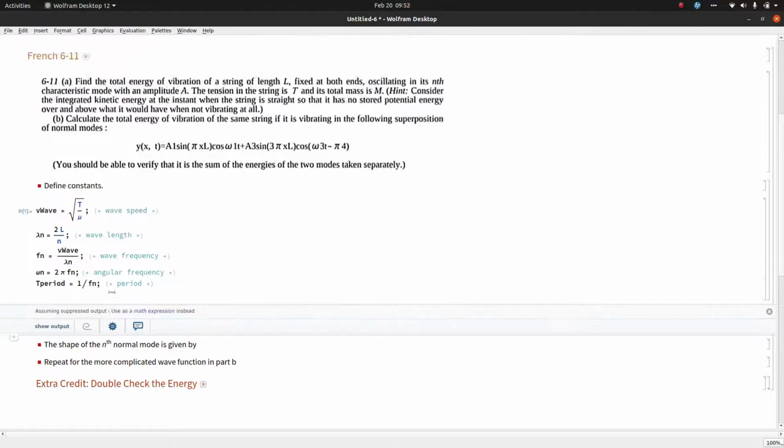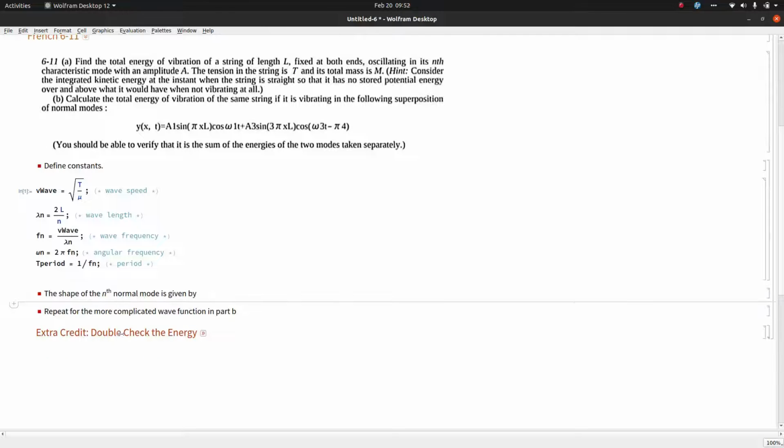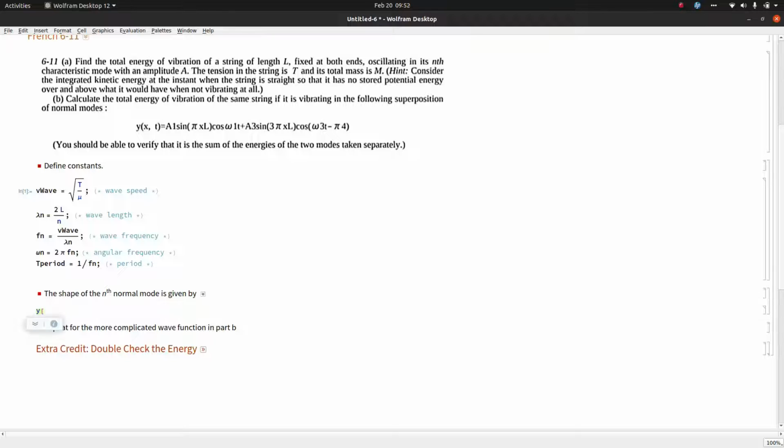The next thing I want to do in order to compute the total energy is define the shape of the nth normal mode of the string. And I can do that easily enough.